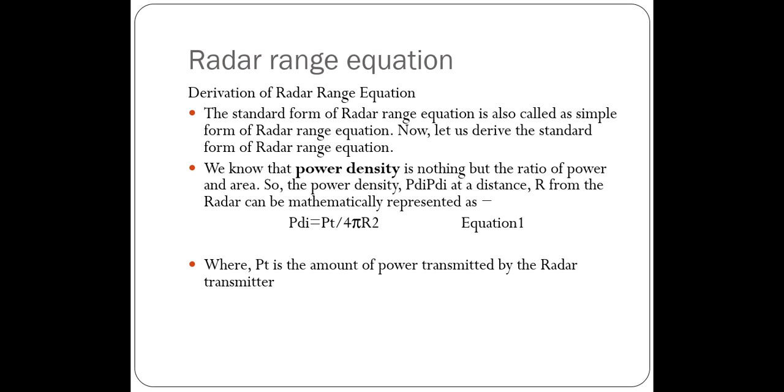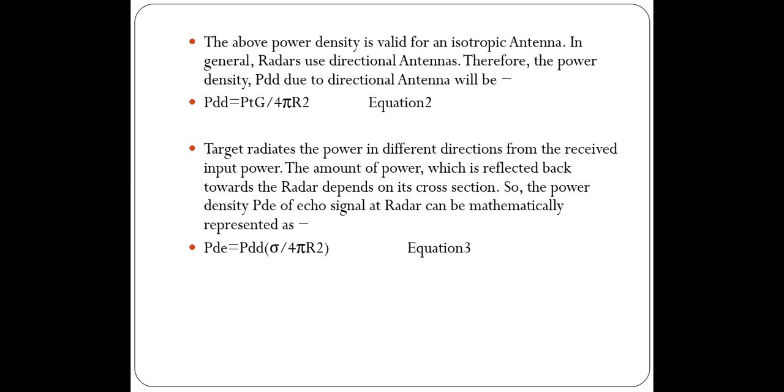Radar usually employs a directive antenna to direct the transmitted power Pt into some particular direction. The gain G of an antenna is a measure of the increased power radiated in the direction of the target as compared with the power that would have been radiated from an isotropic antenna.